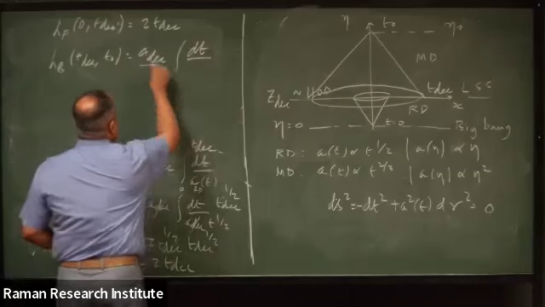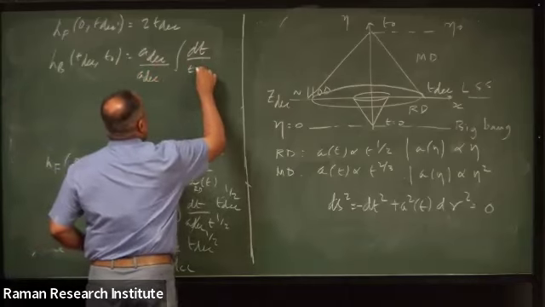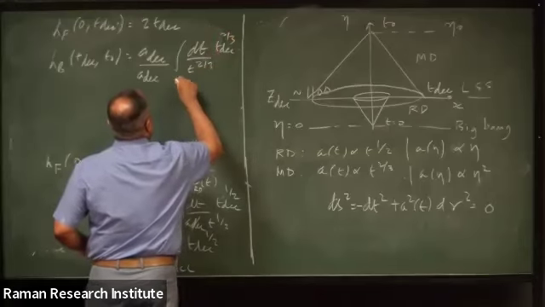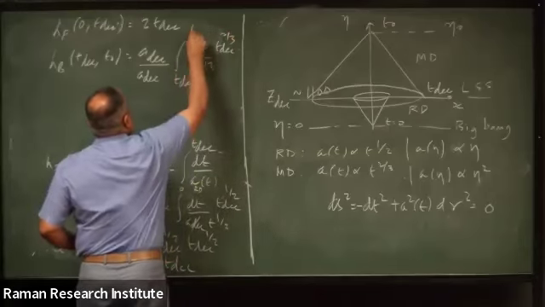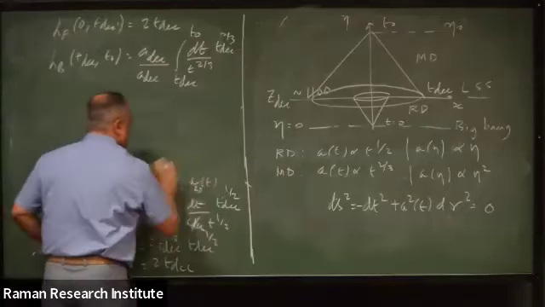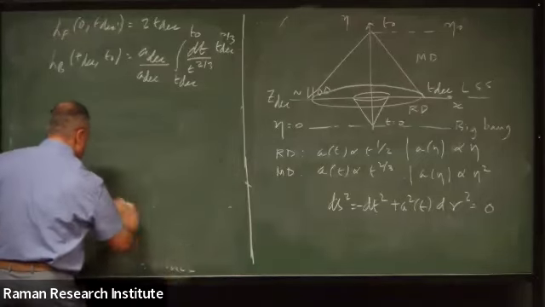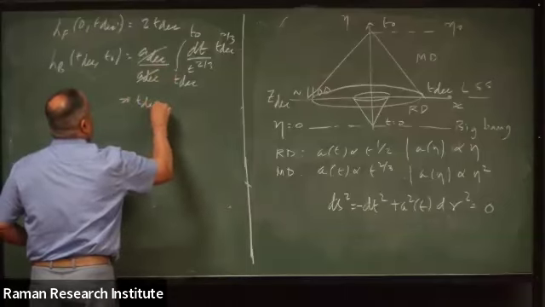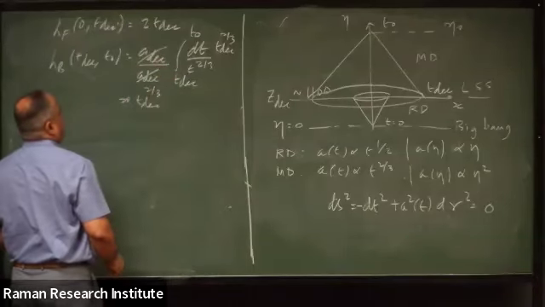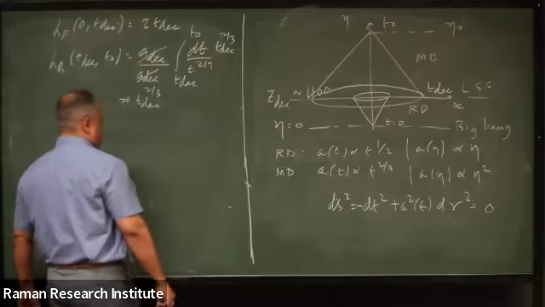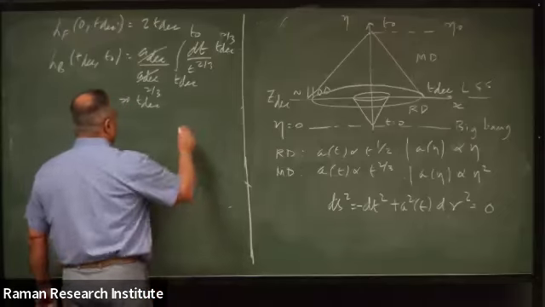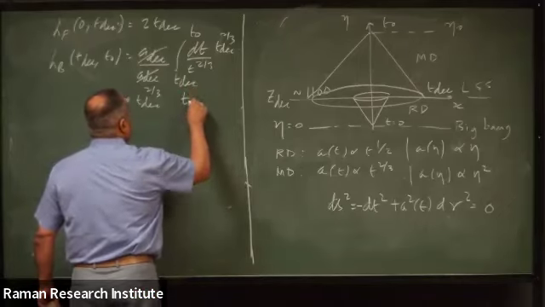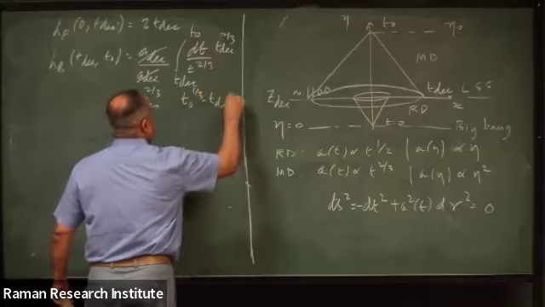So I can write this as divided by a decoupling, t to the power 2/3, over t decoupling to the power 2/3, from t decoupling to t naught. And this goes away. So what am I left with? t decoupling to the power 2/3. And then what is this? t to the power minus 2/3 plus 1, so it is t to the power 1/3. So it is t naught to the power 1/3 minus t decoupling to the power 1/3.